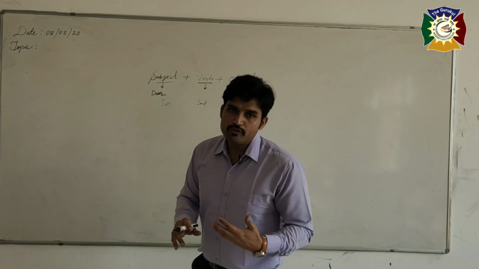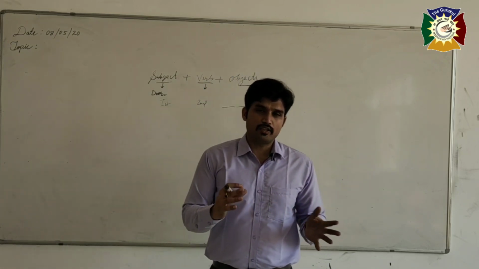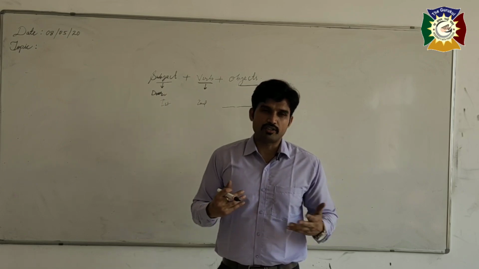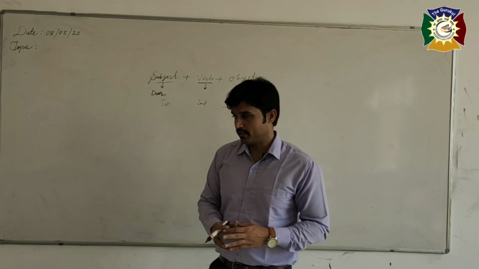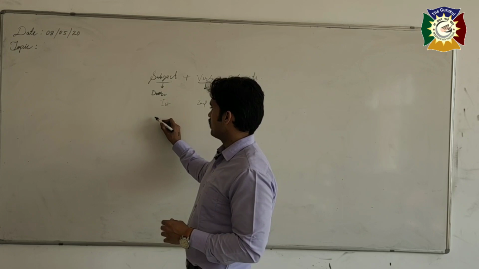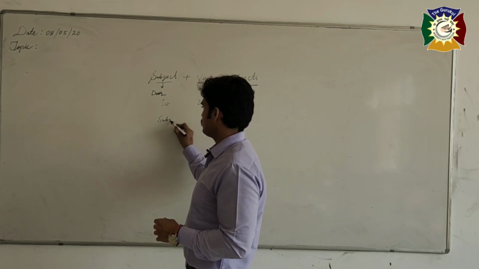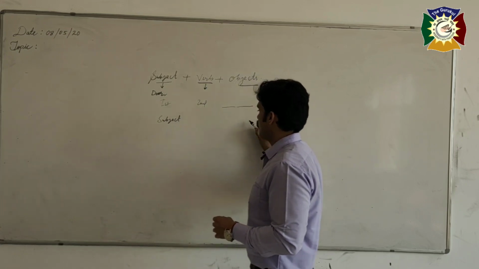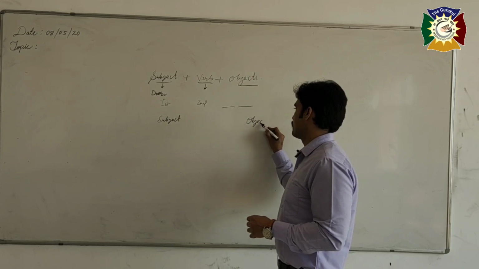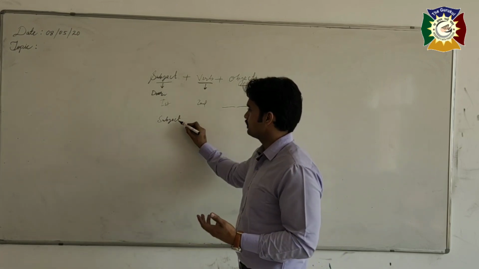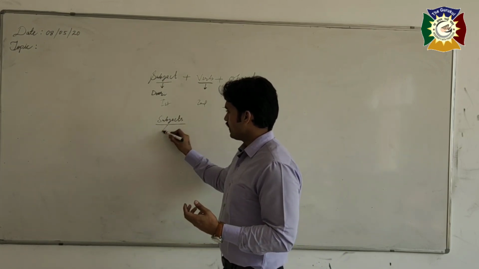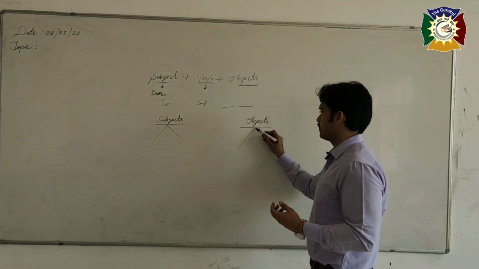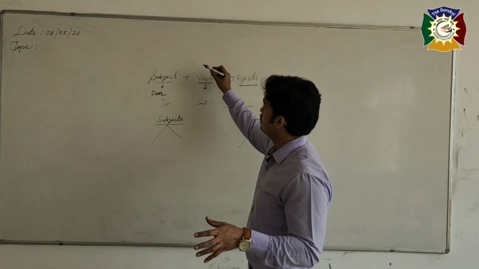Now, before we move on, I would like to tell you in detail about subjects and objects. So keep watching. Suppose you want to know about these two things. Okay, I'm writing S here. Subjects or objects in any sentence.